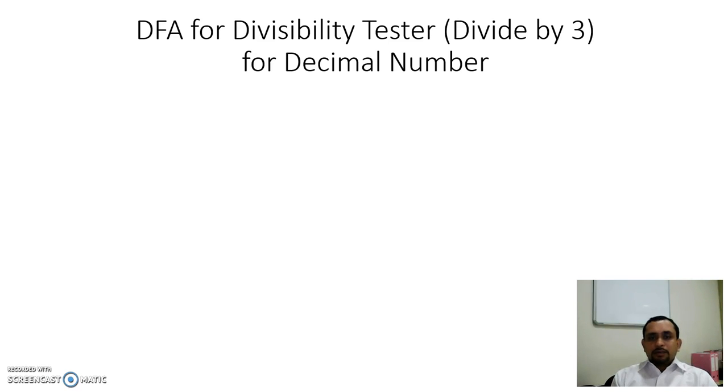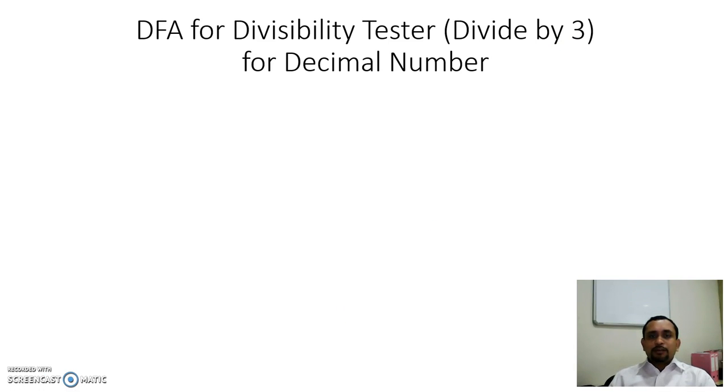That is, either the remainder is 0 or 1 or 2 up to n minus 1. If the remainder is 0, we will say that the number is divisible by n, otherwise it is not. Here in this case, we are talking about divide by 3, which means the remainders will be either 0 or 1 or 2. So let's use 3 different states for representing this scenario.